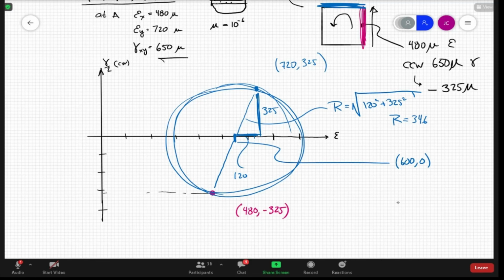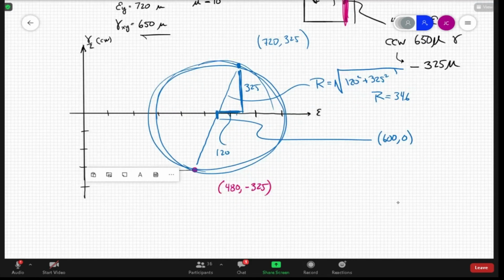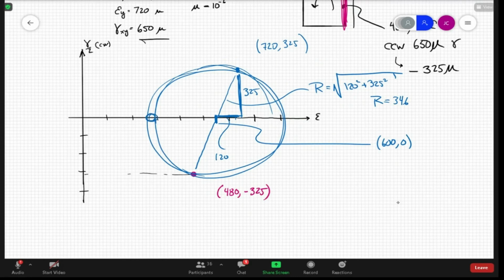Okay. So if you wanted to get the principal strains, they're going to be here and here. This problem doesn't ask for those, but let's figure it out. This is the first principal strain, and this is the second principal strain. The first principal strain is the center point minus the radius. So that is 600 minus 346, which is 254 microstrains, okay?